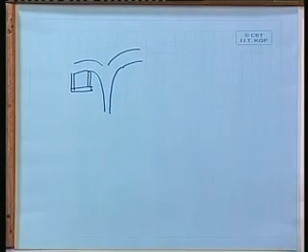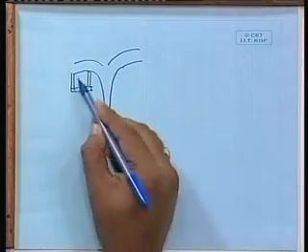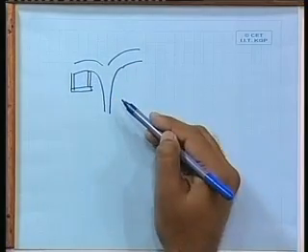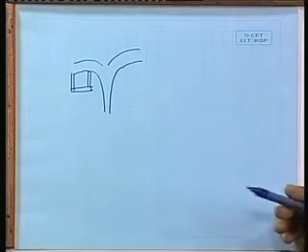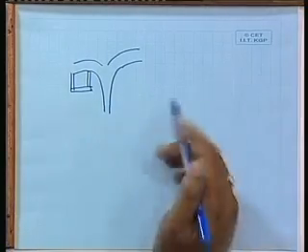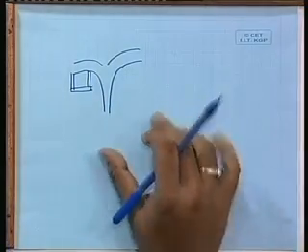This is what was expected, that in this tree you put a swing. But it was given in a different way. See, this is a diagram, so you all understand what it is.